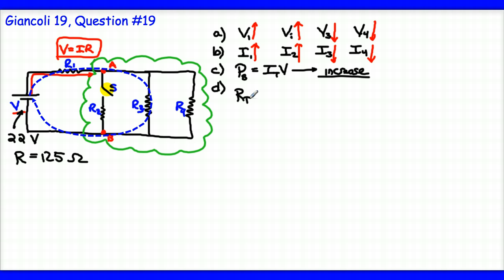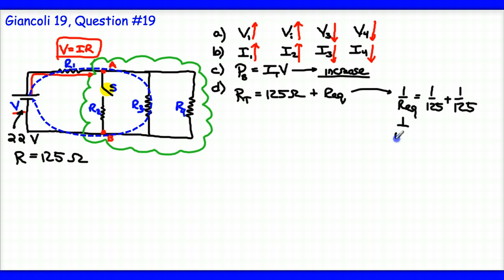It's going to be 125 ohms, which is the resistive value of R1, plus the equivalent resistance of R3 and R4 together. One way to solve it would be to say that 1 over Req is equal to 1 over 125 plus 1 over 125. That's the value for R3 and R4.